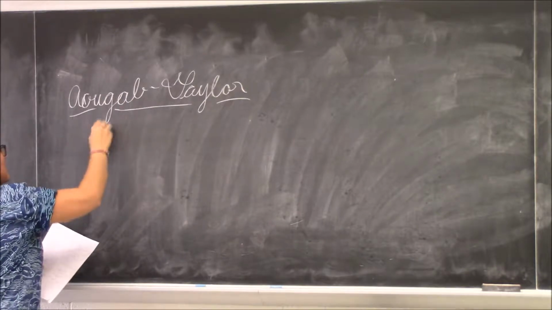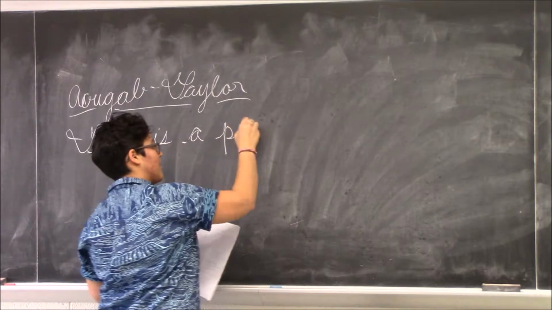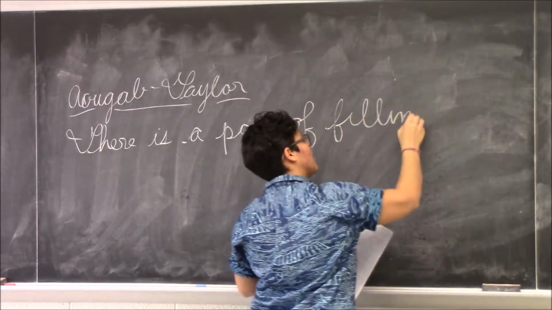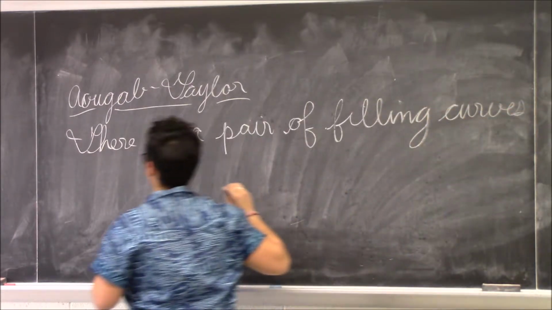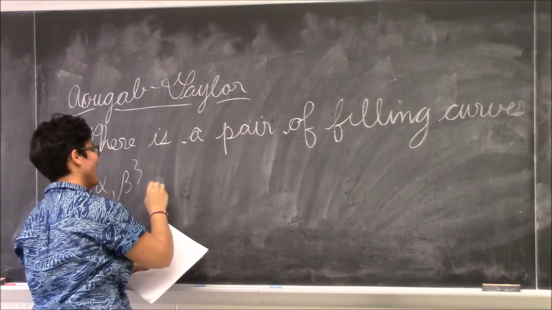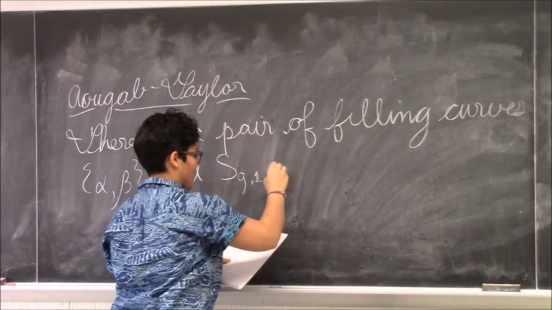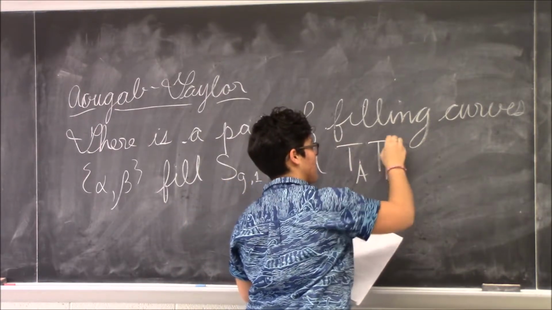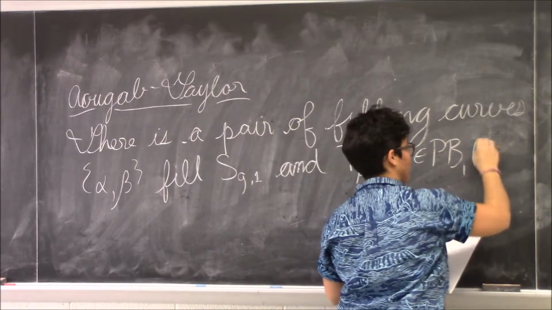So what they say is that there's a pair of filling curves alpha and beta, which fill S_g,1 and such that the Dehn twist and inverse Dehn twist lies inside the point pushing subgroup.